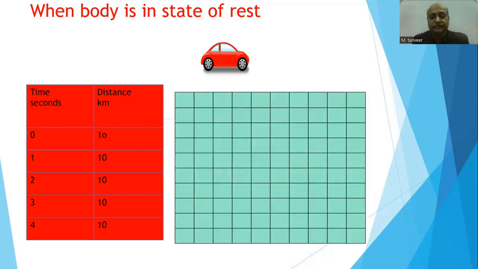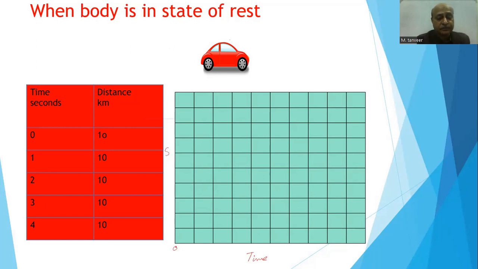This is the graph. This will be the shape of graph. But how this shape is obtained? We will take time on x-axis and distance on y-axis. Suppose distance is denoted by s, or you can write full distance.